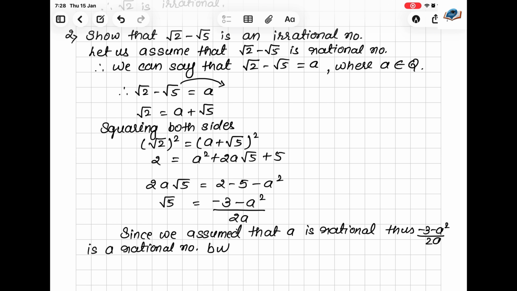But left hand side is irrational. So, root 2 minus root 5 is an irrational number.